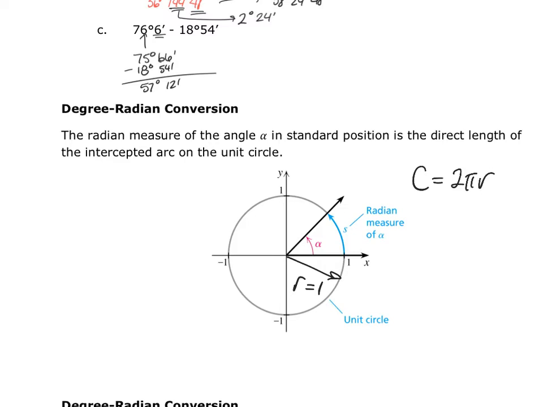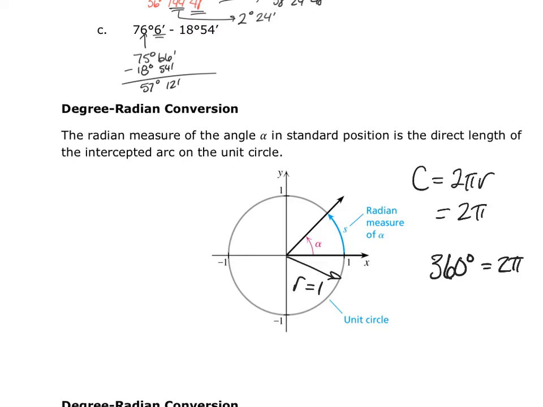Well, for us, because the radius happens to be 1, this is going to be 2 pi. We know from earlier that 360 degrees is 1 full rotation. That means we are at 2 pi.